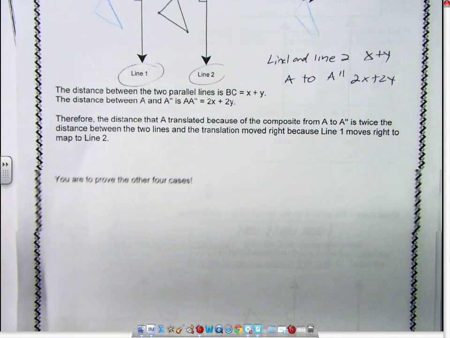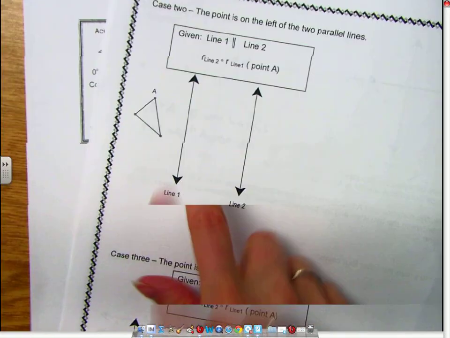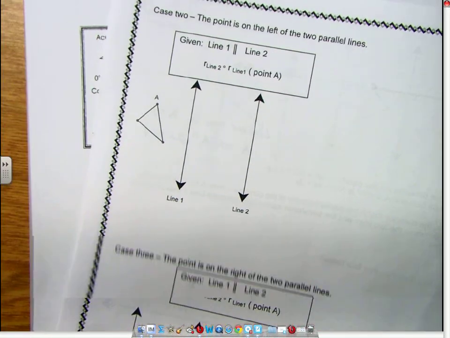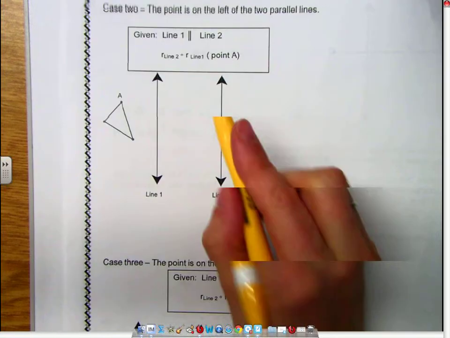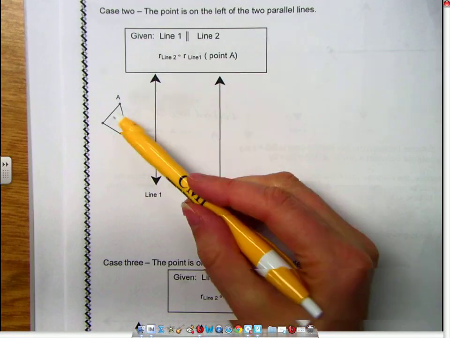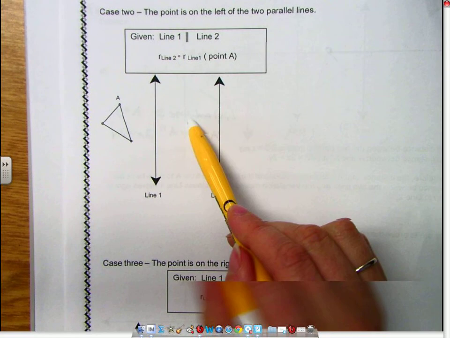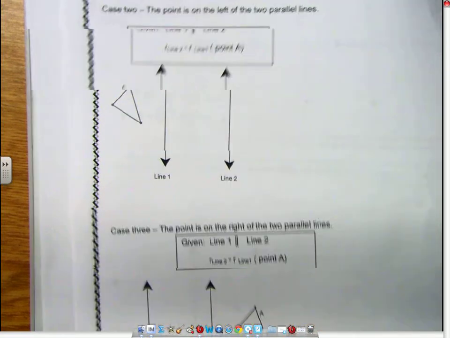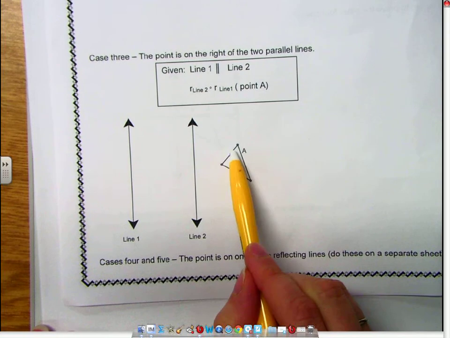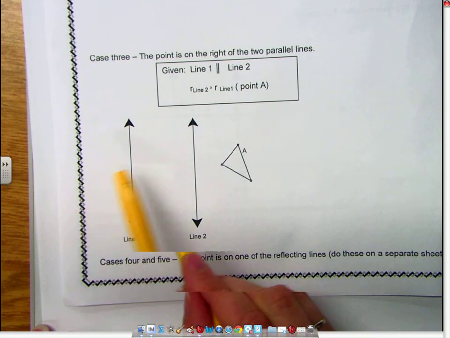Okay. Let's go over the rest just so you're sure what you have to do. There are 2 drawn on here, okay? But there are 2 more you have to do. First, this one, you're first reflecting over line 2, and then you're reflecting over line 1, then line 2. Case 3, you're reflecting over line 1, and then line 2.